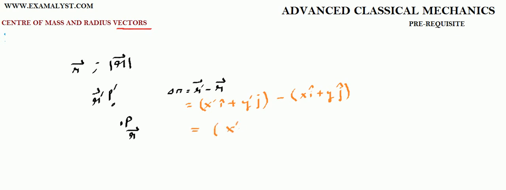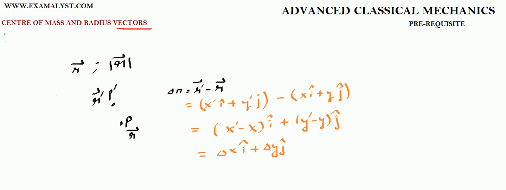I get x dash minus x in the i direction, and I get y dash minus y in the j direction. Now all of you know that x dash minus x will give rise to the change in the x coordinate in the i direction, and the second one will be the change in the y coordinate in the j direction. So again I proved that.